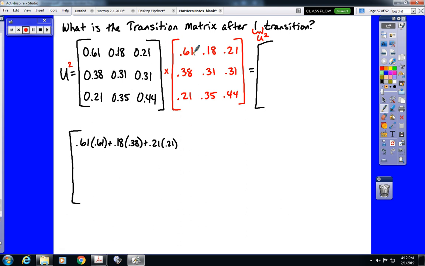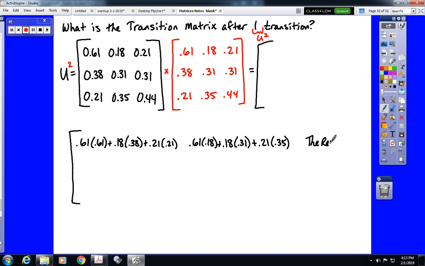That's this number times that number, plus the second entry times the second entry, plus the third entry times the third entry. Then we would do row 1 times column 2, which is 0.61 times 0.18, plus 0.18 times 0.31, plus 0.21 times 0.35.